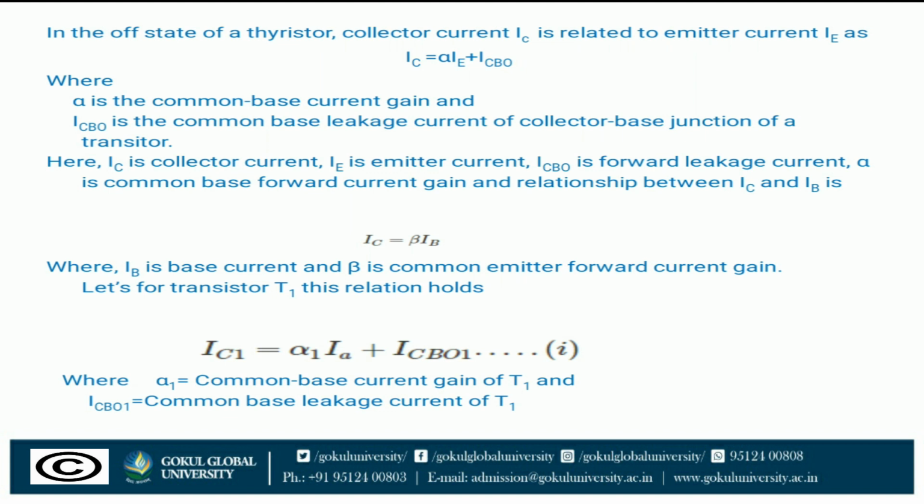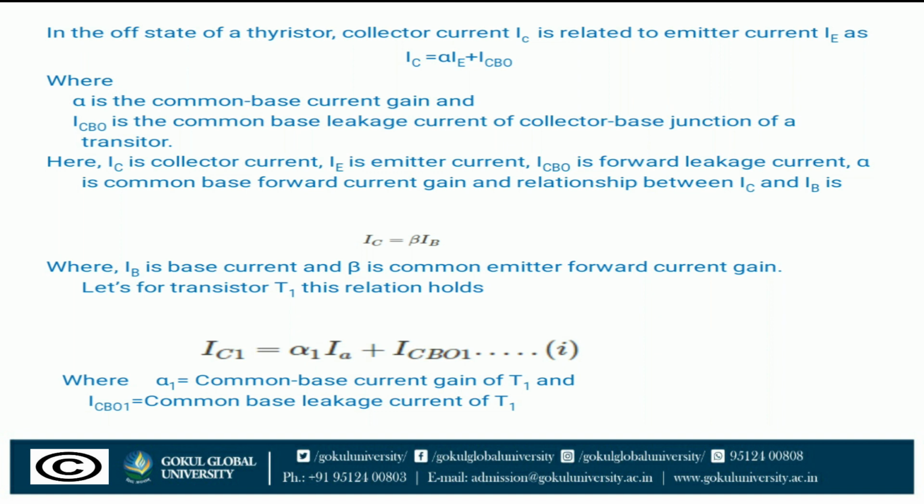Here IC is the collector current, IE is the emitter current, ICBO is the forward leakage current, alpha is the common base forward current gain, and the relationship between IC and IB is given by IC is equal to beta IB, where IB is the base current and beta is the common emitter forward current gain. For transistor T1, the emitter current IE is the anode current IA, and IC is the collector current IC1.